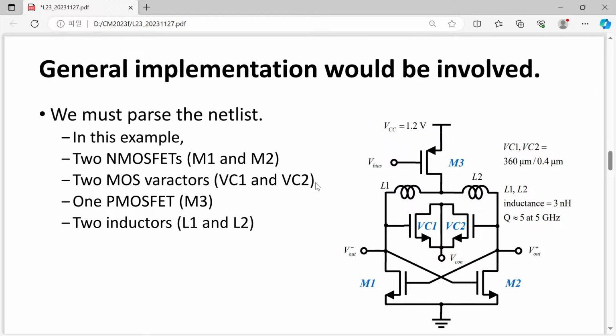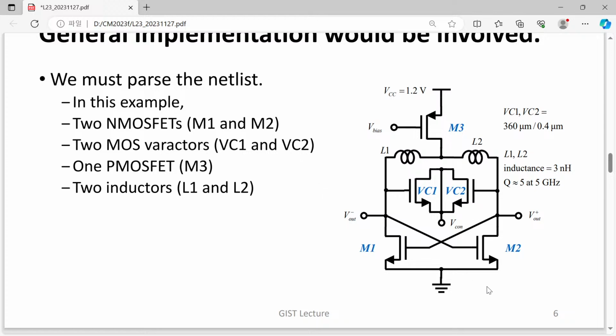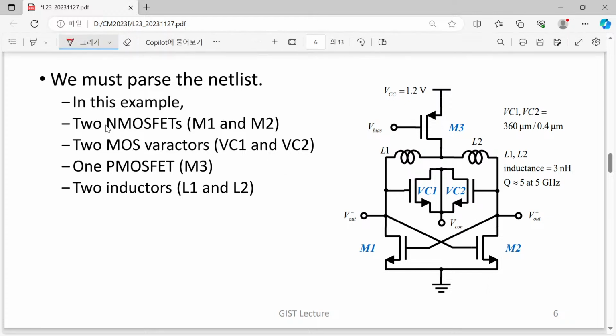So general implementation of this kind of capability would be involved. For example, let's consider a simple example of a voltage controlled oscillator. When you have this circuit and first introduce a certain small voltage noise or current noise into it, it automatically oscillates and generates a certain signal. In order to achieve this, your simulator should consider two MOSFETs here and there, and two MOS varactors, and here you have another two.